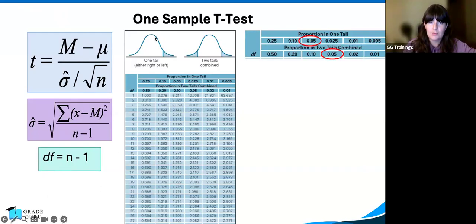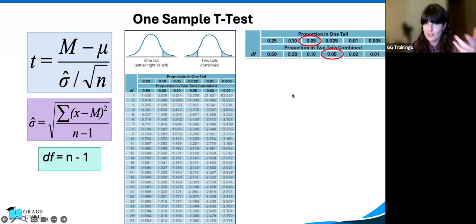And for your T table, now, if you look at it, you can see that it differentiates between one-tailed and two-tailed, something the Z table does not do. So when you're picking your values based on your H1 being directional or non-directional, you can just choose proportion in one tail or proportion in two tails combined.